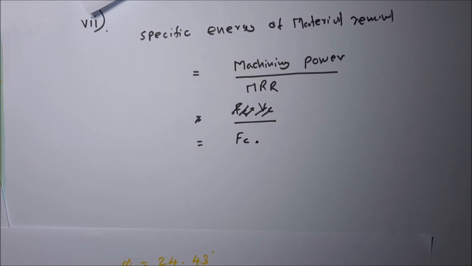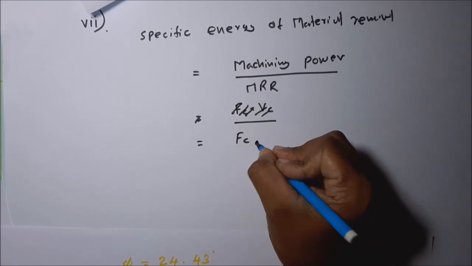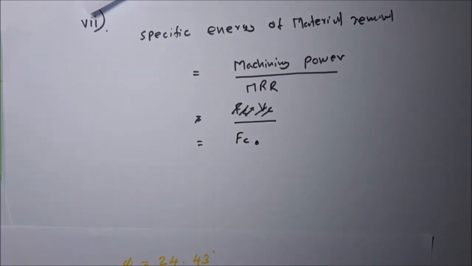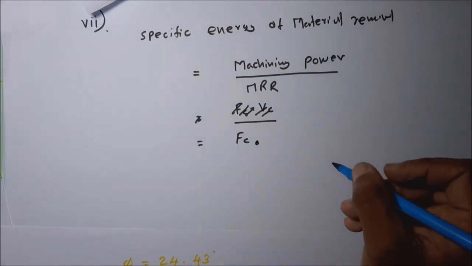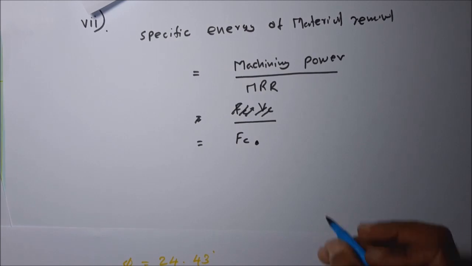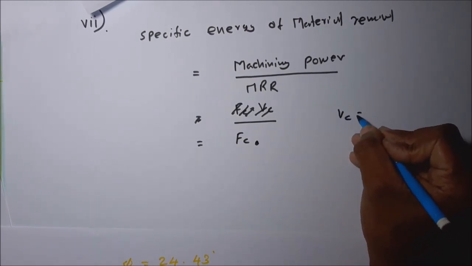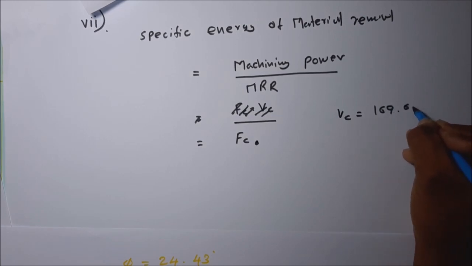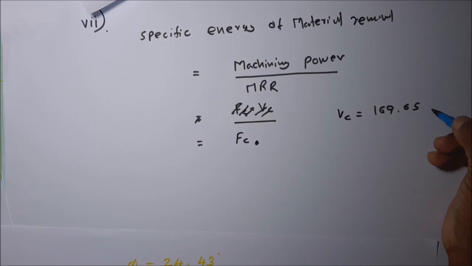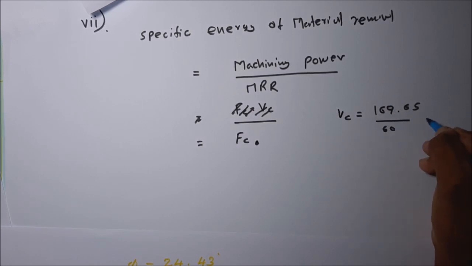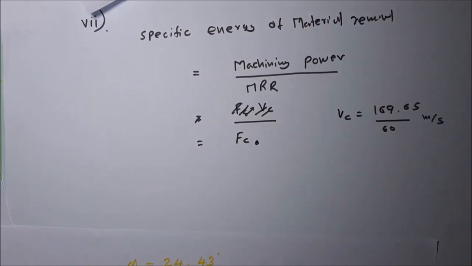Then I'm going to convert this power into watts. For the Vc we are getting 169.65 divided by 60 meters per second.